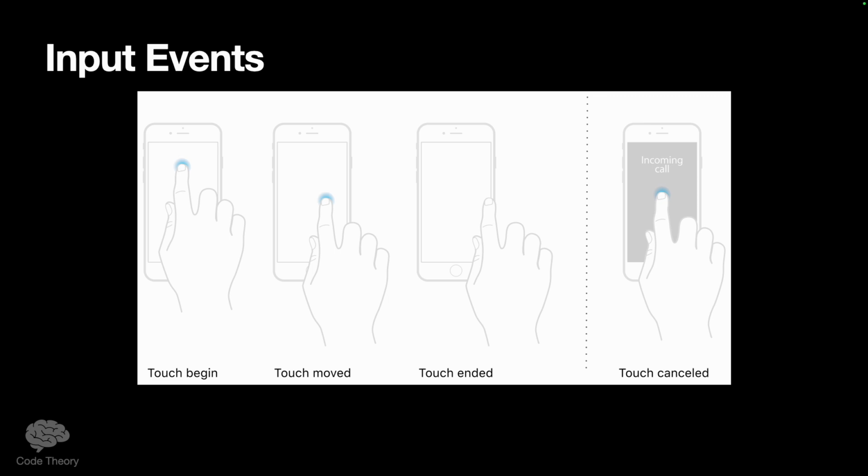There's a touch ended event that gets fired when they let go. And there's a touch canceled when some other thing happens and takes over the screen, even if they're still touching. Your element, the thing that you were reading, is not on the screen anymore, so the touch got canceled instead of ended, for example, like when someone gets a phone call.